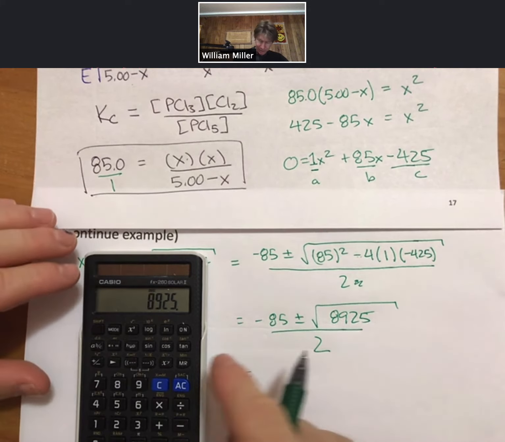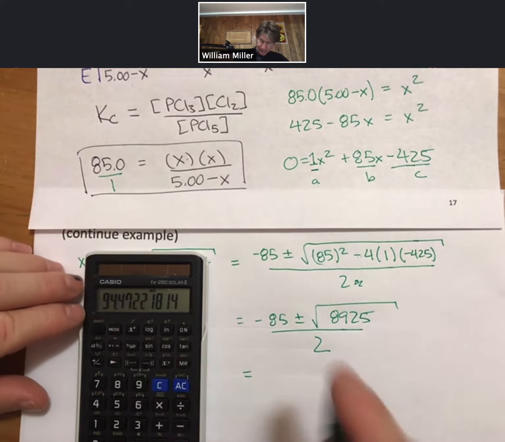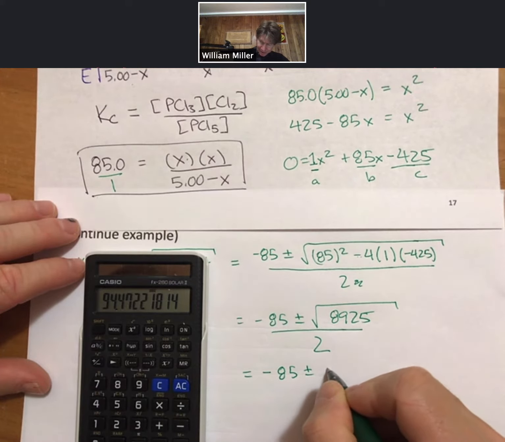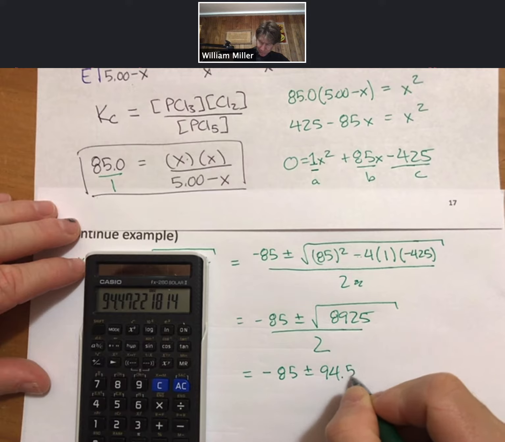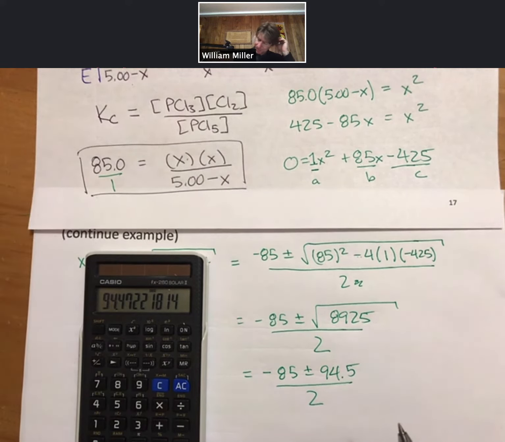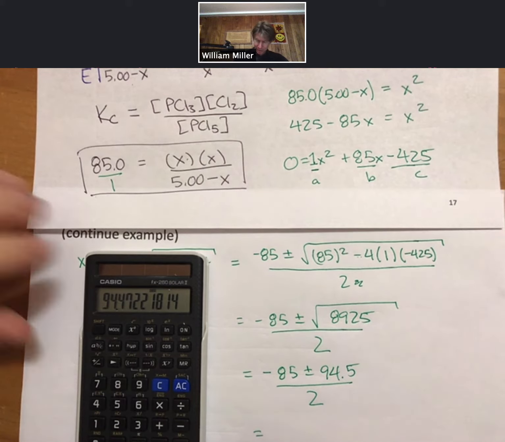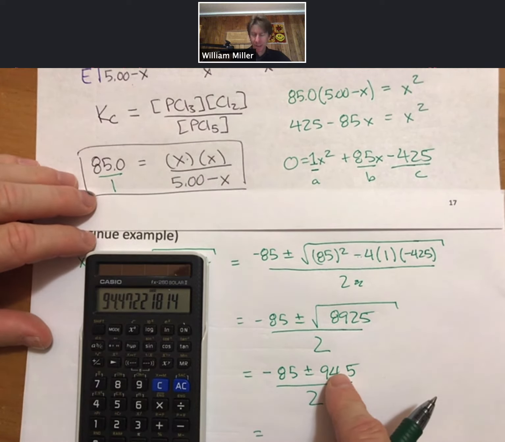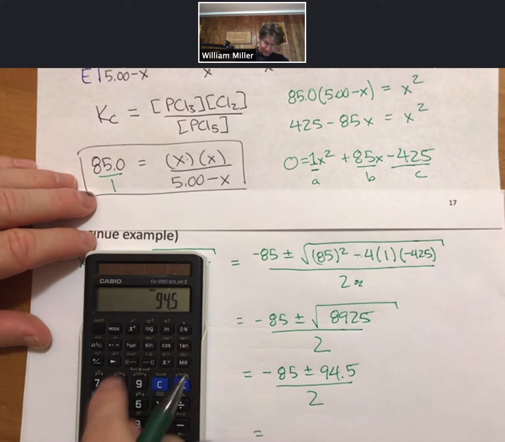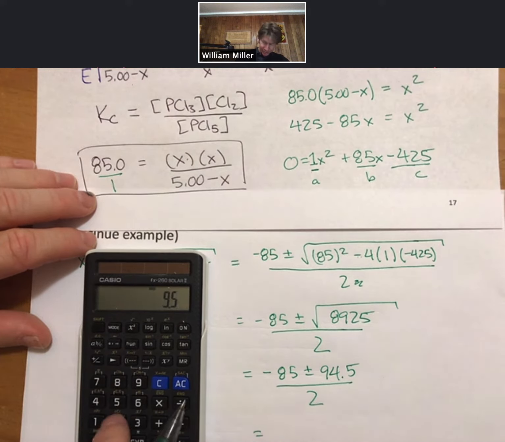Anyway, so the square root of that is 94, so minus 85 plus or minus 94, well, we'll keep 3 sig figs. That should be plenty for now. Divided by 2. And our two roots are going to be, well, I'll take the positive root first, 94.5 minus 85 divided by 2.